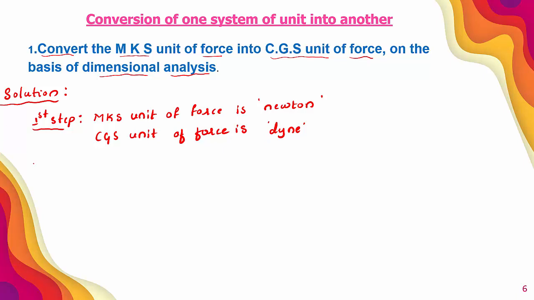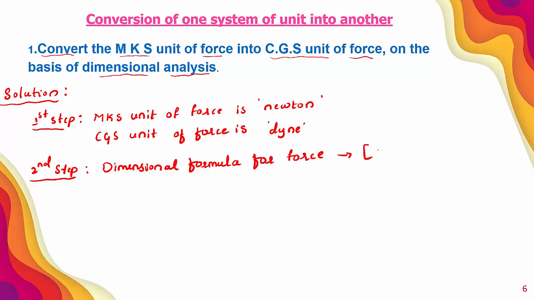Now, the second step, we have to write the dimensional formula of force. The dimensional formula of force we already studied. What is the dimensional formula for force? I can write M raised to 1, L raised to 1, T raised to minus 2.